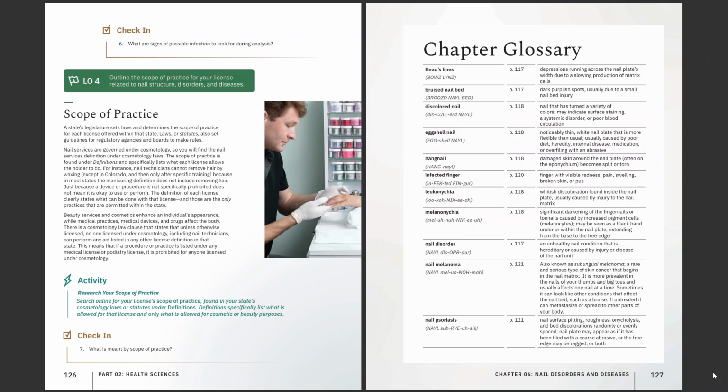Hangnail: damaged skin under the nail plate, often on the eponychium, becomes split or torn. Infected finger: finger with visible redness, pain, swelling, broken skin, or pus. Leukonychia: whitish discoloration found inside the nail plate, usually caused by injury to the nail matrix.